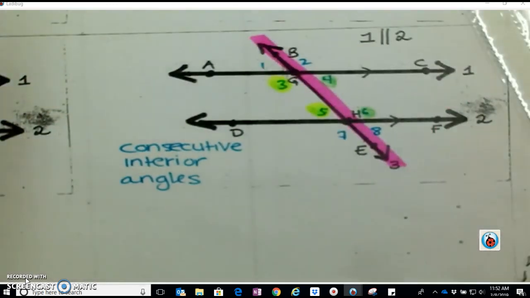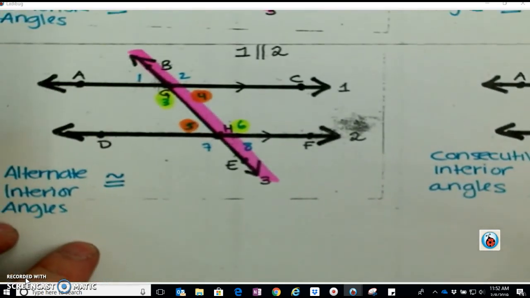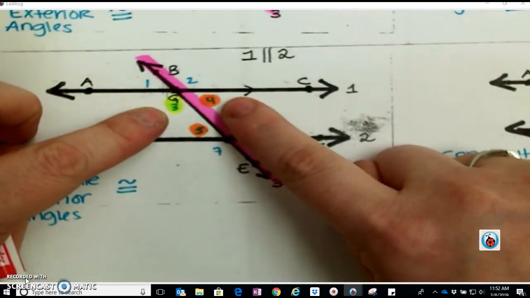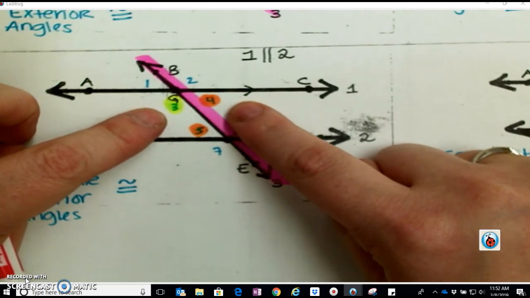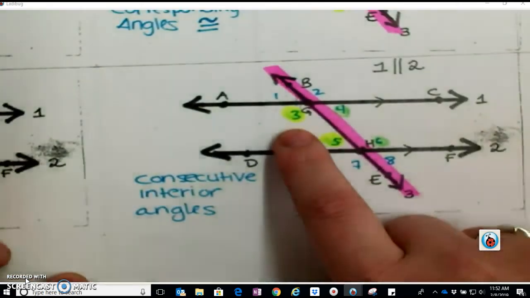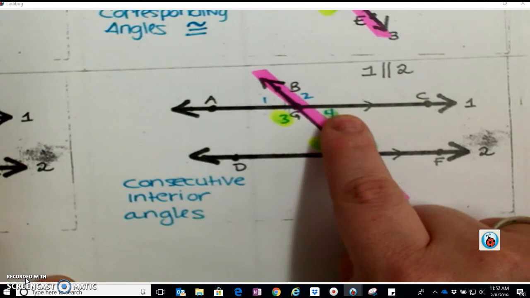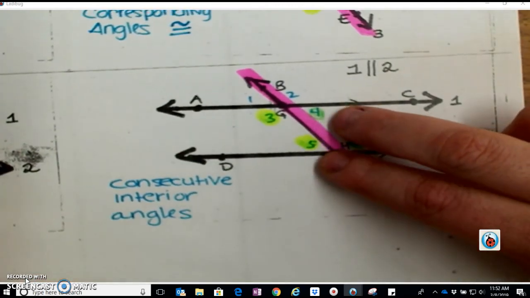But let's take a look at what we know from before and those inside angles. So let's go back to alternate interior. What's the relationship between 3 and 4? They're linear pairs, so they're supplementary. They add up to 180. So that means that this angle plus this would add up to 180. Well, what's the relationship between angle 4 and angle 5?